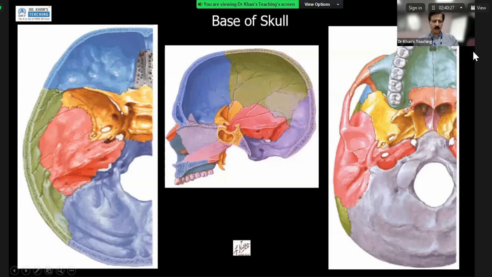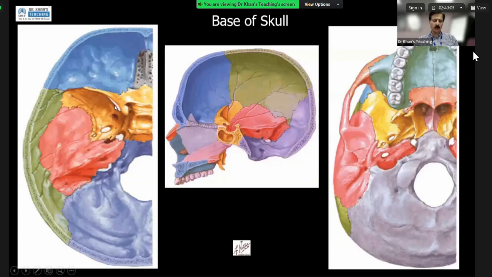Now, here is a fissure. If you see here, this is the optic foramen, and what will be here is the optic canal. So this is lateral to that, and this is the superior orbital fissure. Superior orbital fissure is where a few structures go.